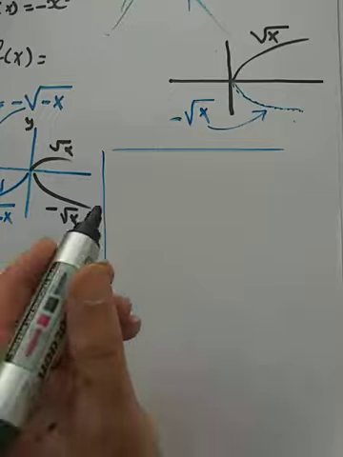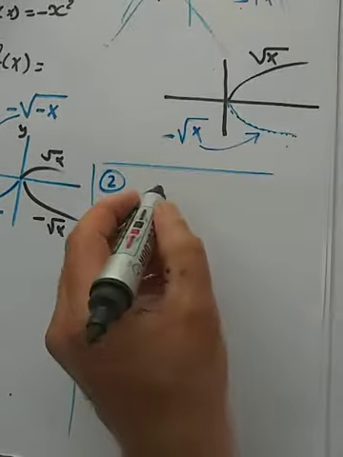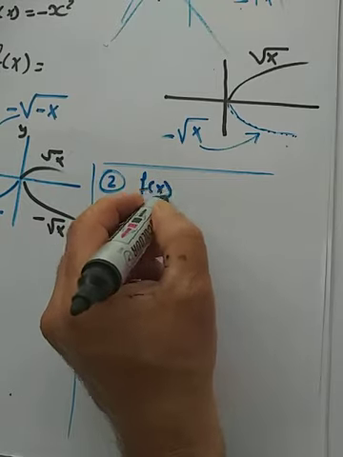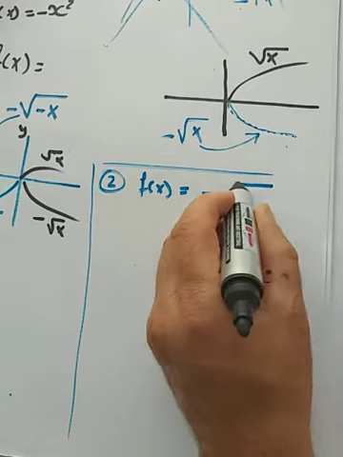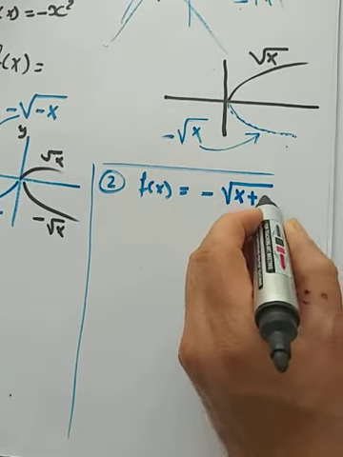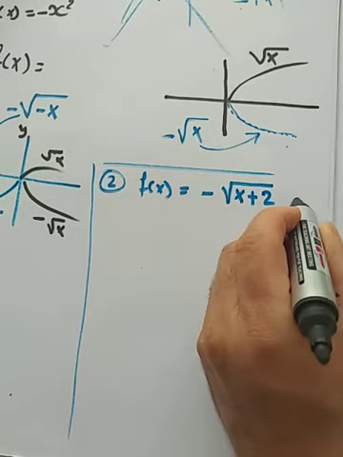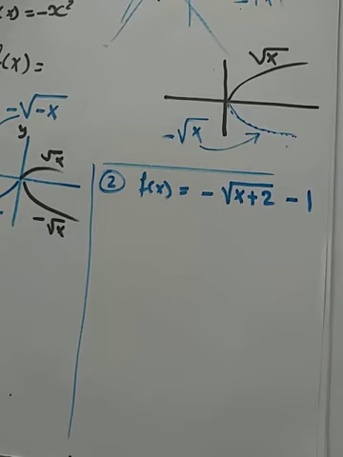Example 2. Minus the square root of x plus 2, minus 1. Before we start with the graph, let me describe this graph.